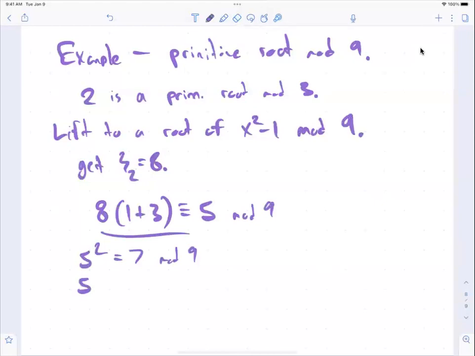So 5 cubed is 35 then, which is 8 mod 9, and we're done. So 5 is a primitive root mod 9.